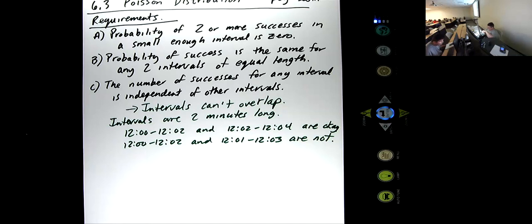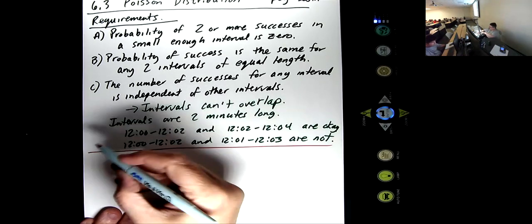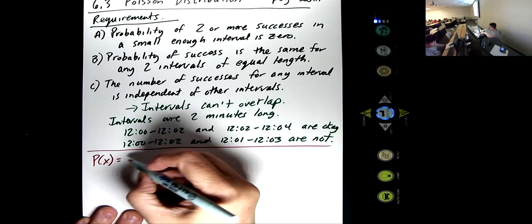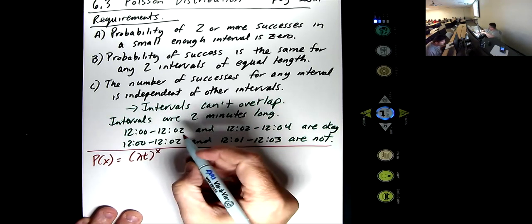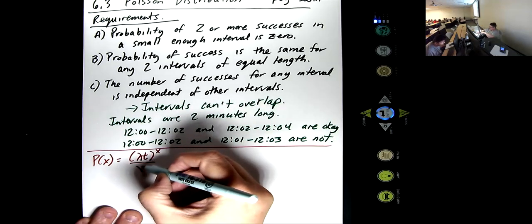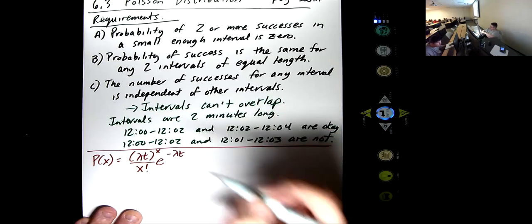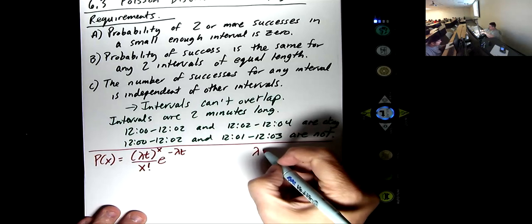Now, let me give you the wonderful formula that is the Poisson distribution's probability formula. P of x equals lambda t to the x over x factorial times e to the negative lambda t. That's pronounced lambda.